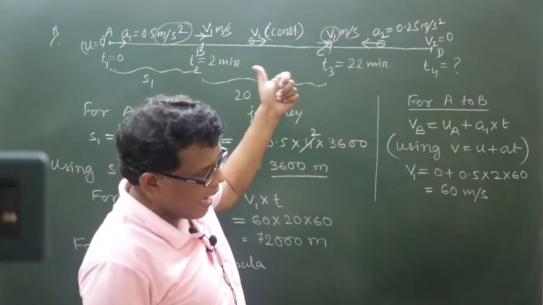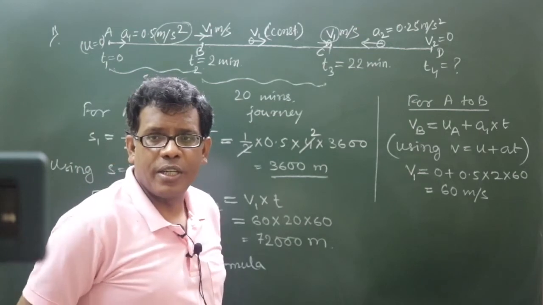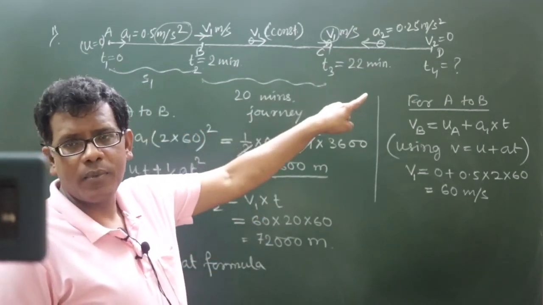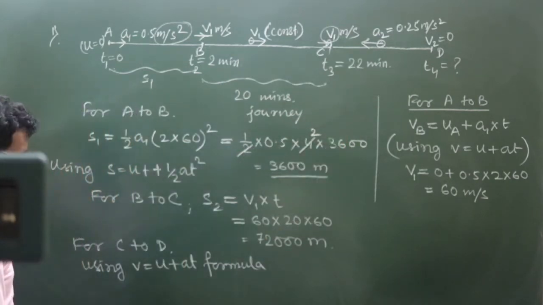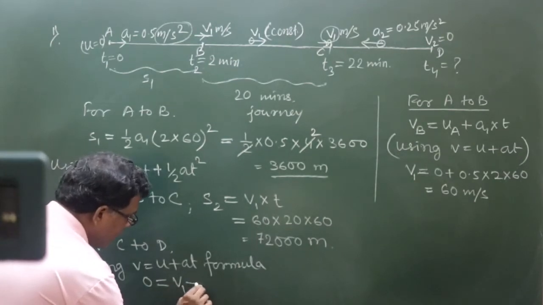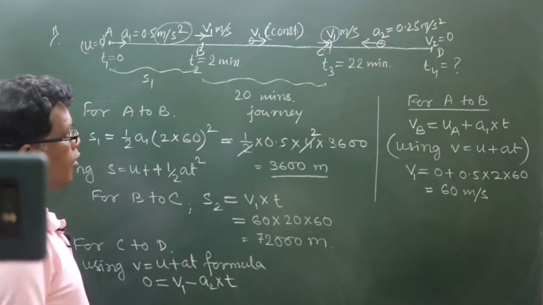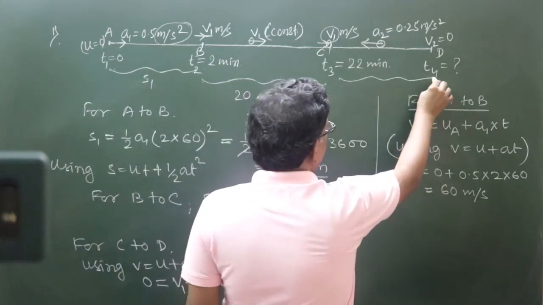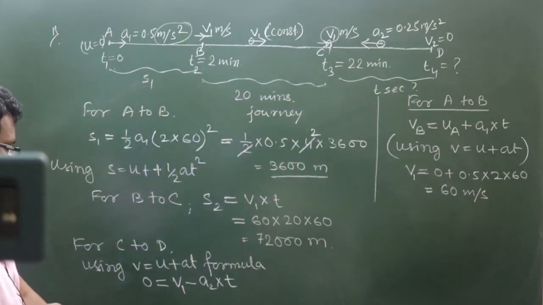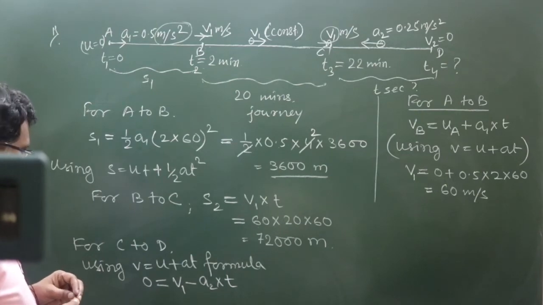That's why it will be acting in a direction opposite to the motion, because its objective is to reduce the speed, so that finally the train can come to rest at D. So final velocity will now be 0, initial will be V1 minus A2 into T, right? We do not know this journey time, let it be T second. We are considering it to be T second, that is the duration of time.